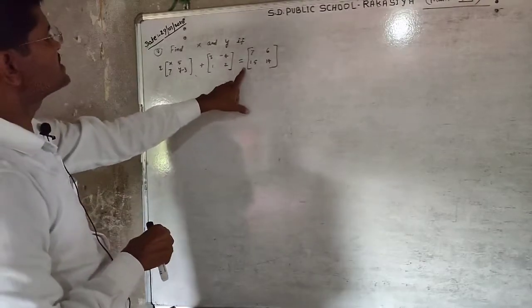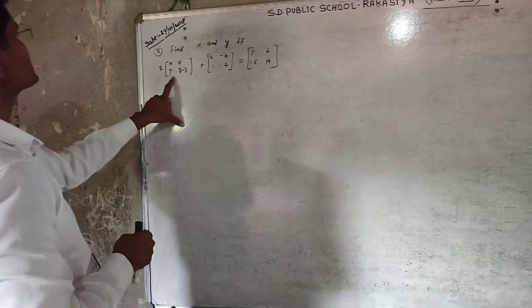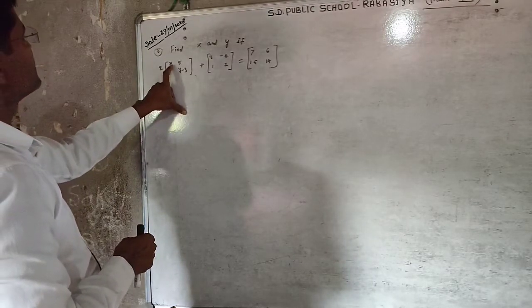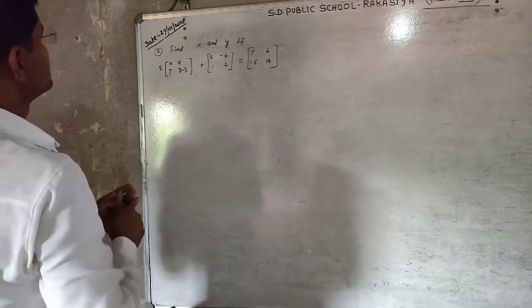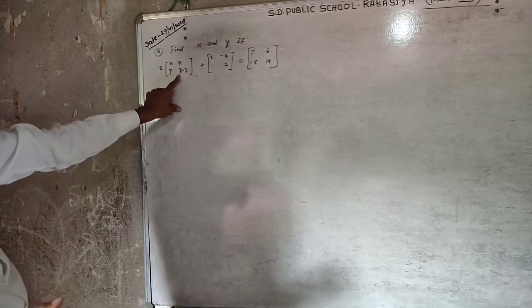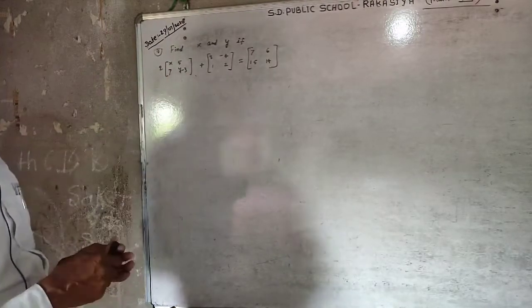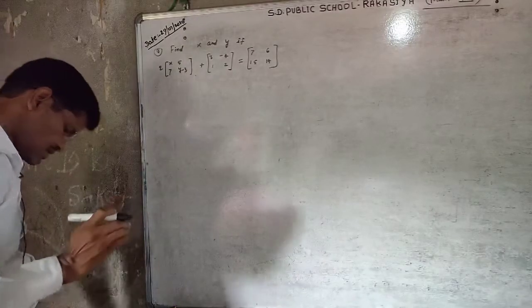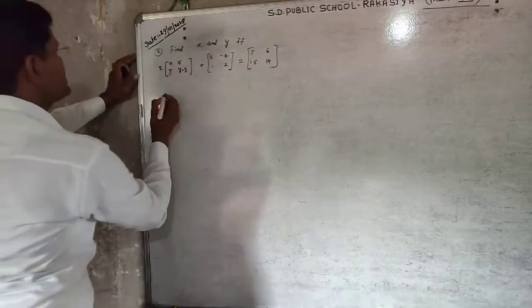The LHS and RHS are two matrices. In LHS, the two variables given in a matrix are x and y. We have to find these variables. We can use the properties of equality of two matrices in this problem.